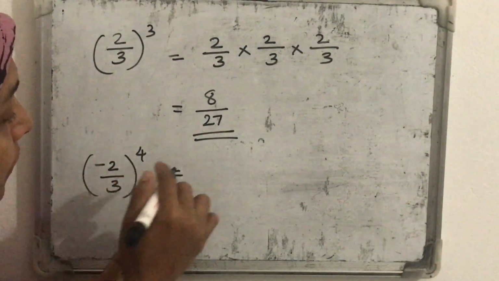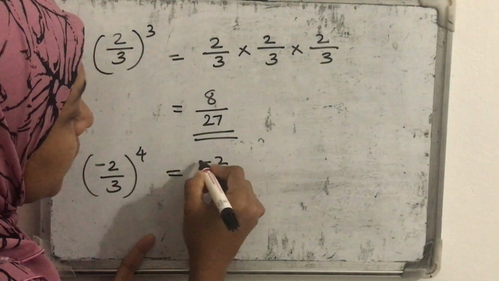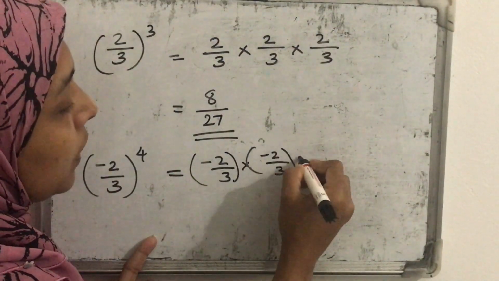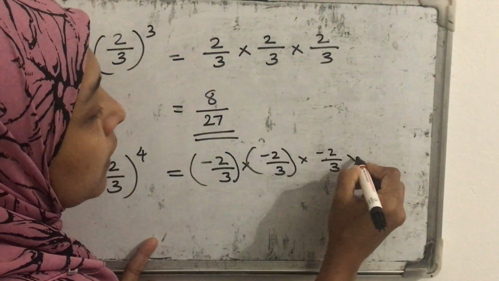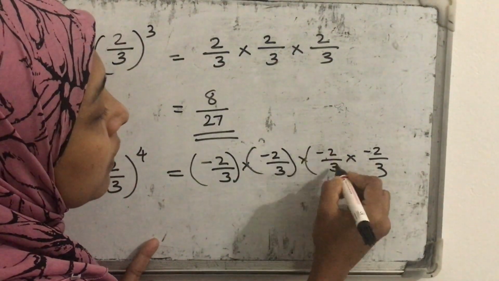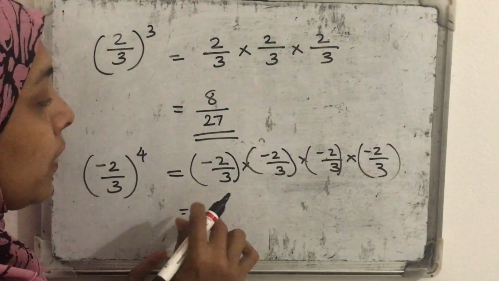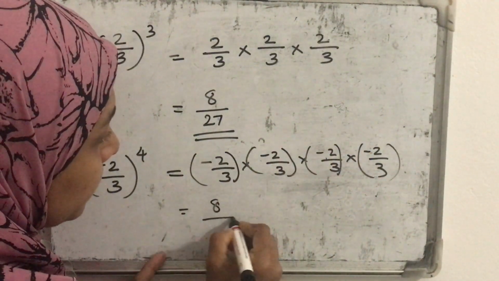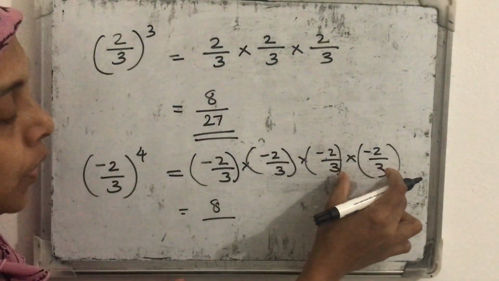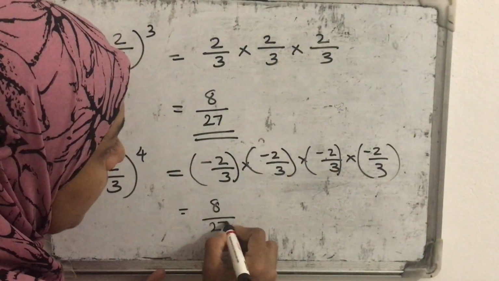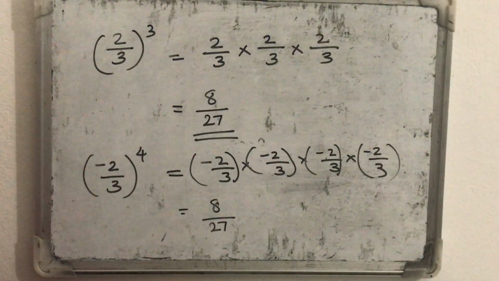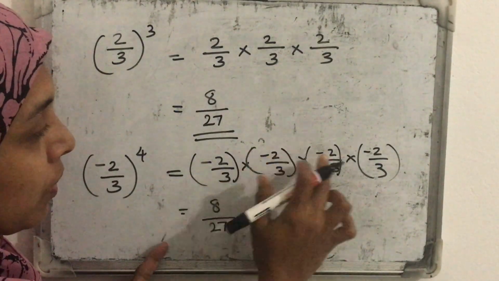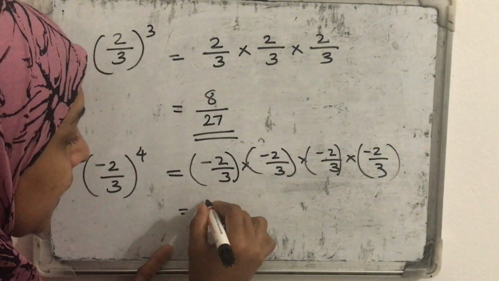So how many times do we multiply minus 2 by 3? 4 times: minus 2 by 3 into minus 2 by 3 into minus 2 by 3 into minus 2 by 3. 2 into 2, 4, 4 into 4, 16.